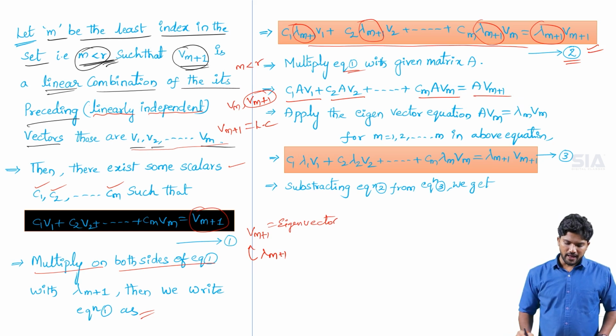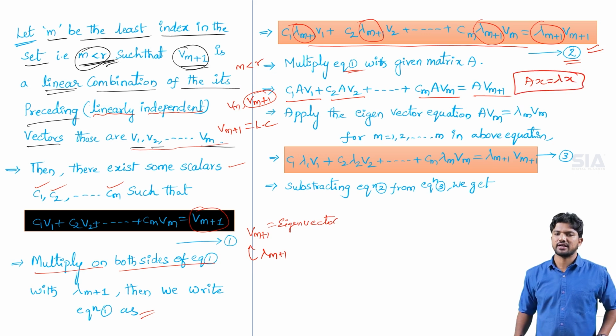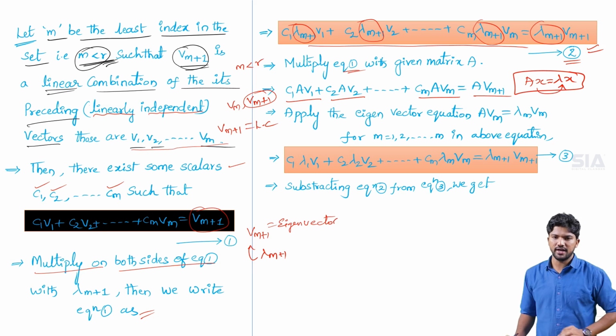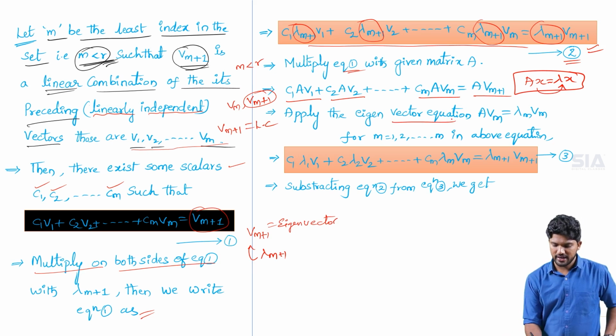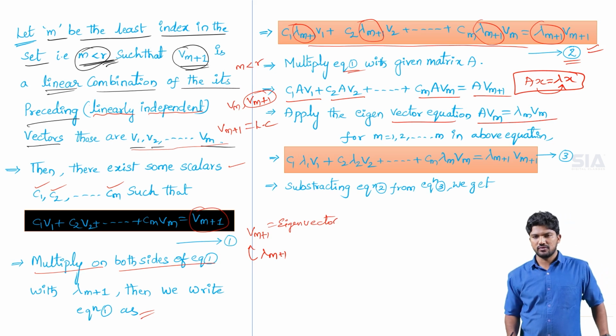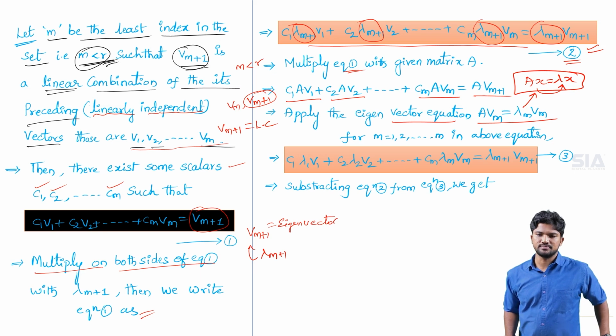Now, according to the eigenvector definition, A x is equal to lambda x. Wherever you have A into x, you can replace it with lambda into x. So apply the eigenvector equation, that is, A into v suffix m is equal to lambda m into v suffix m. This is the pure application of the original definition.